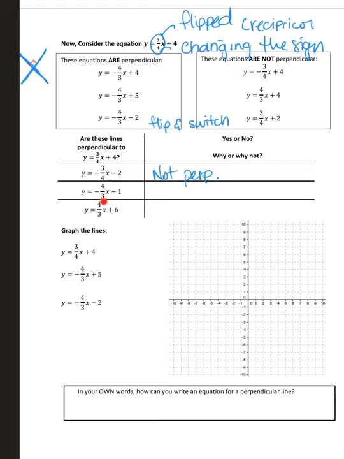Negative 4 over 3. Okay, the sign has been switched and the fraction has been flipped. So yes, we did the good old flip and switch. If I'm looking at the last one, 4 over 3x, the fraction was flipped, but the sign was not switched. So this one's also not perpendicular.